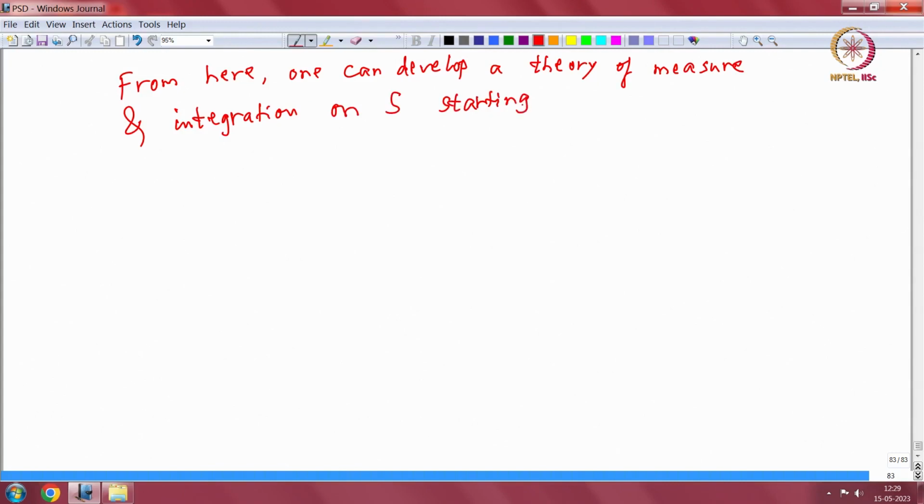Even in an abstract way, if you know integration on a specific class, for example here continuous functions, and the notion of set of measure 0, then you can develop a theory of measure and integration starting from continuous functions.